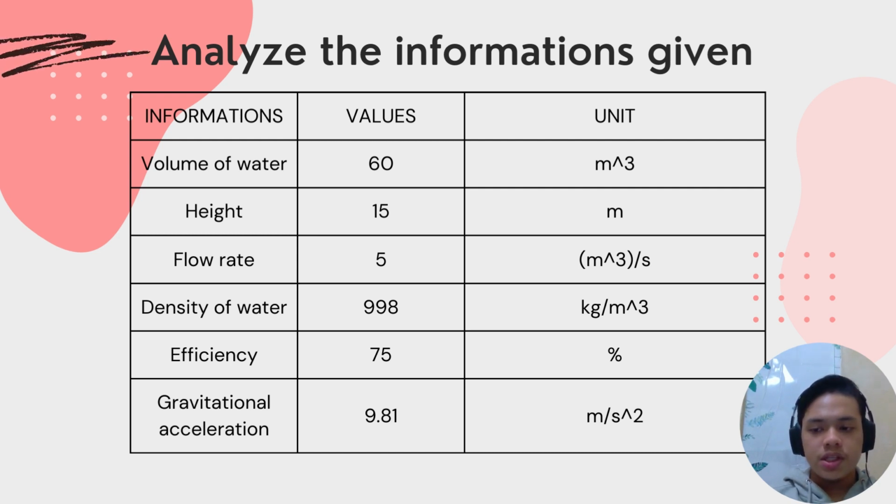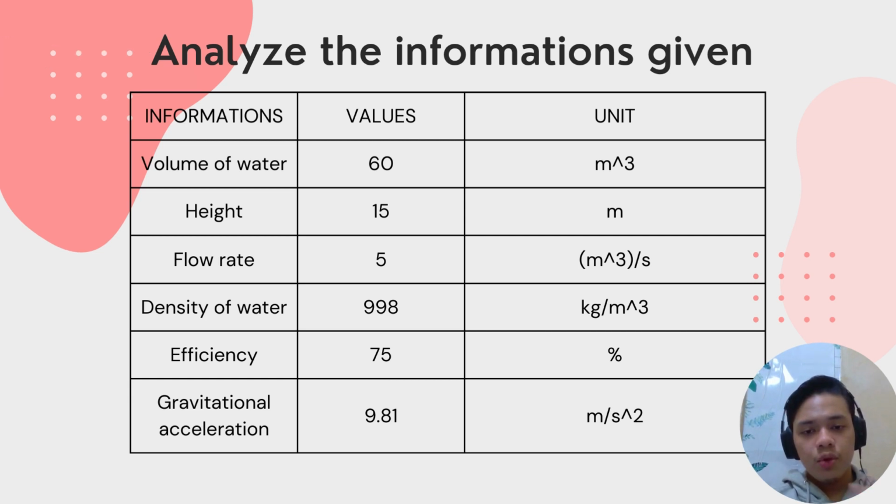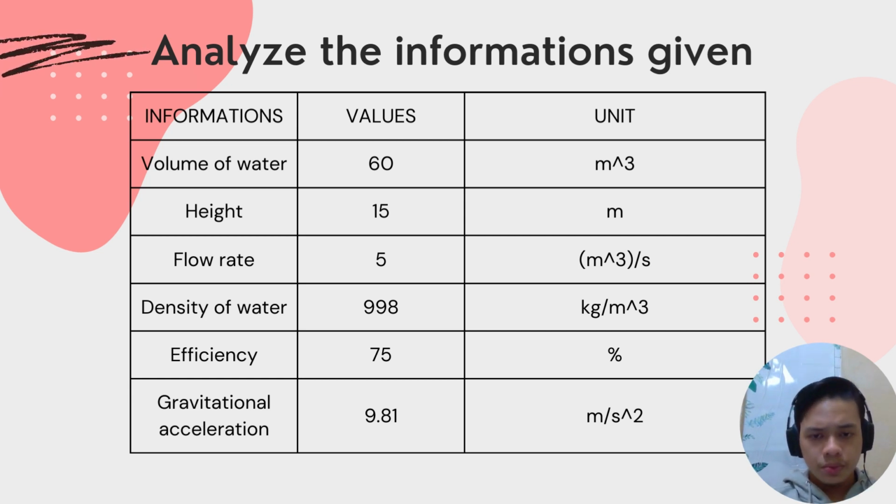Due to power loss, the efficiency of the system is estimated to be 75%. Take density of water as 998 kilogram per meter cubic. So from the question, we can put the information in the table.